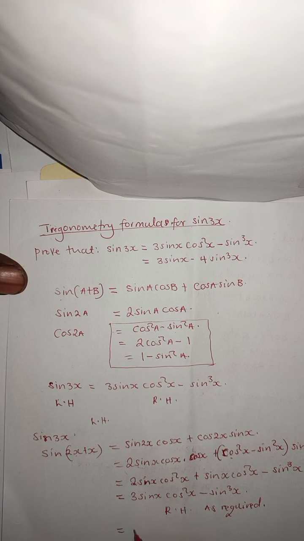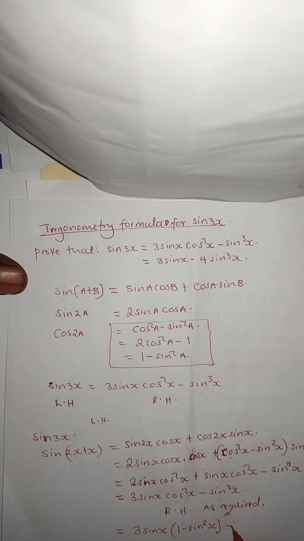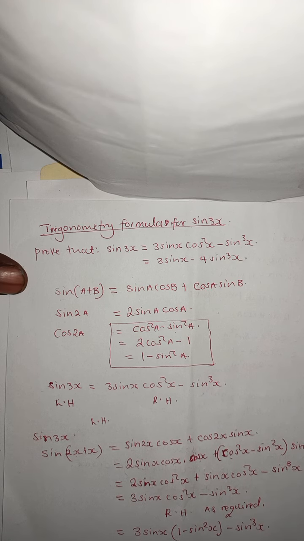This will give me 3 sin x, cos squared x can be seen as 1 minus sin squared x, close the brackets, then minus sin cubed x.